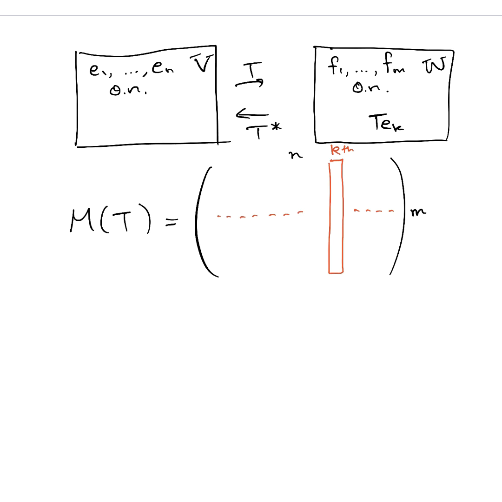So I'm going to say it like this. I can write T Ek in terms of the Fs, but the Fs are orthonormal. So you actually know exactly what linear combination of those Fs produces the vector T Ek.